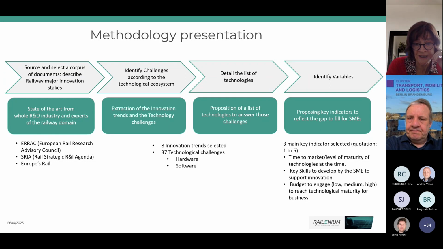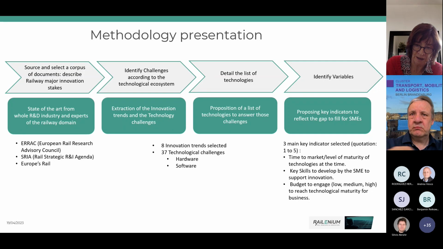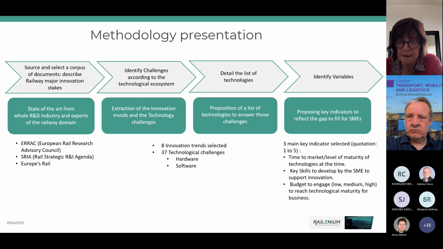So we have a list of technologies, and as a summary of those 2 steps, we can say that we have selected and detected 8 innovation trends that I will present, 37 technology changes that were both on hardware and software issues. And at the end, the last step was to try to identify what are the key variables and to propose some key indicators, not 10, but we try to just retain 3, that could reflect the gap to be filled by SMEs to join this advanced technology approach.